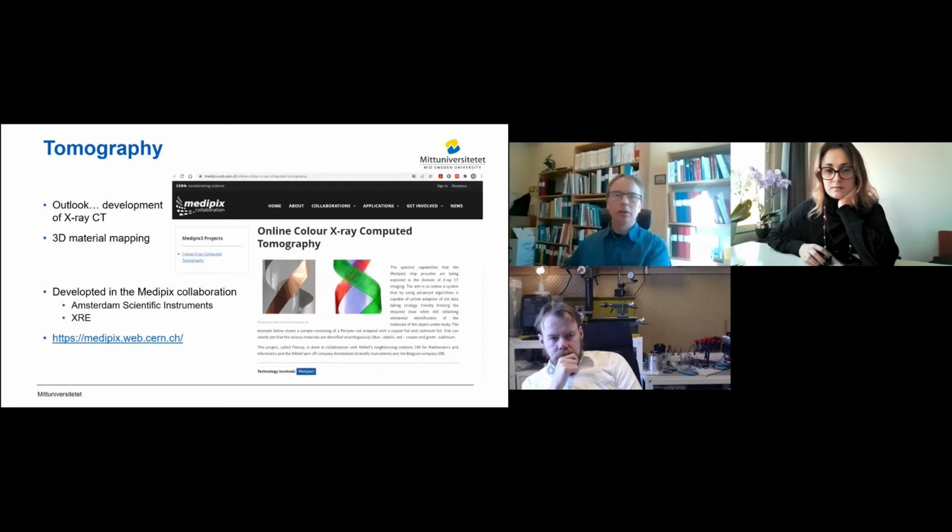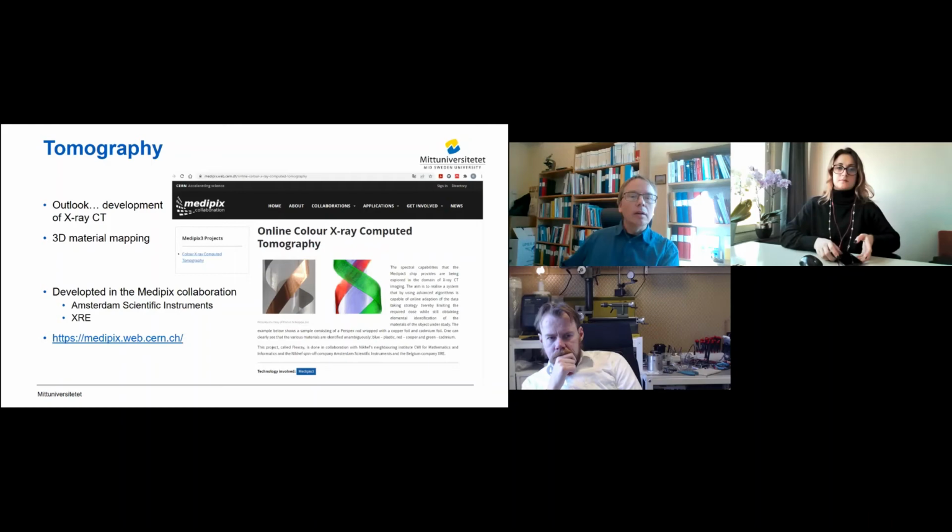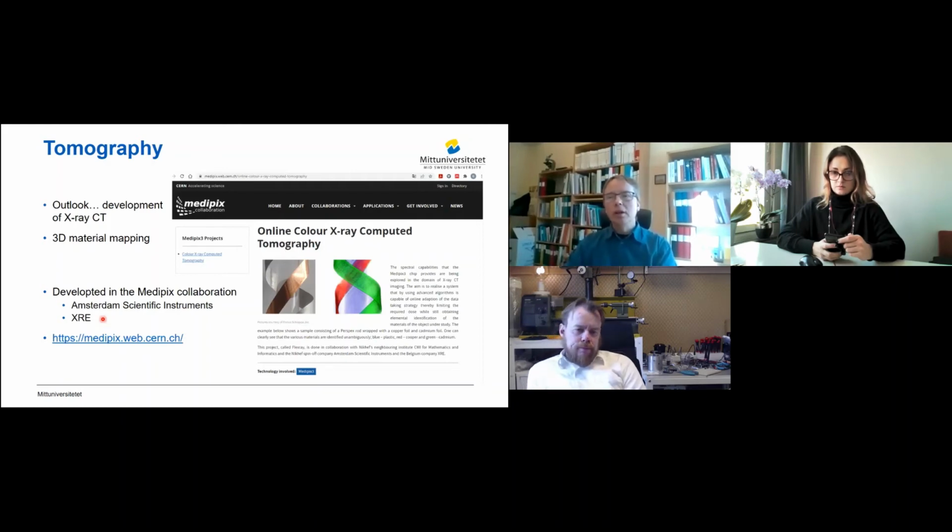Yes, I was into describing that in these transmission images, you can map the different materials. And I see that SAN has put the development online, so I was just thinking to share that they're one of the partners in the Medipix Collaboration developing a CT machine for this 3D reconstruction.